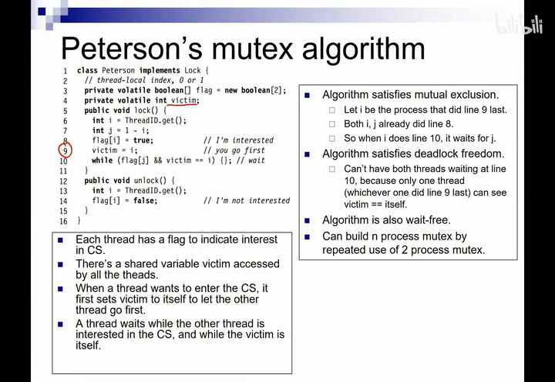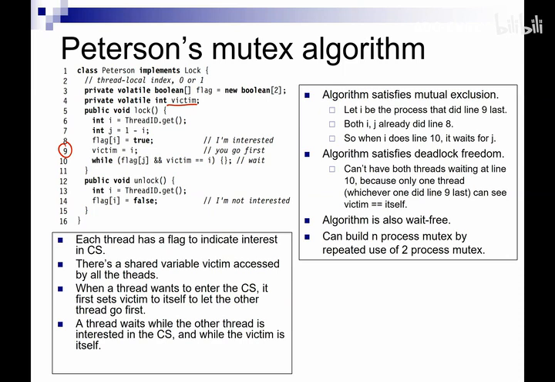Victim is like the guy who does not get into the critical section. So victim equals I means that I am sort of going to volunteer not to go into the critical section. But if you want to go into the critical section, you also volunteer not to go into the critical section.